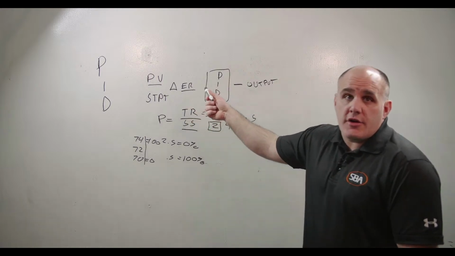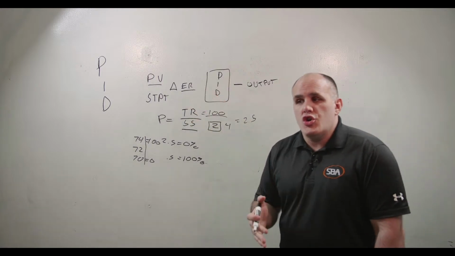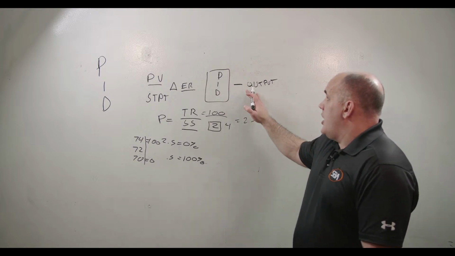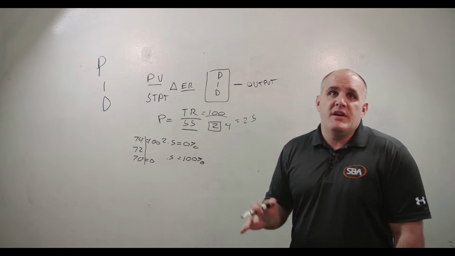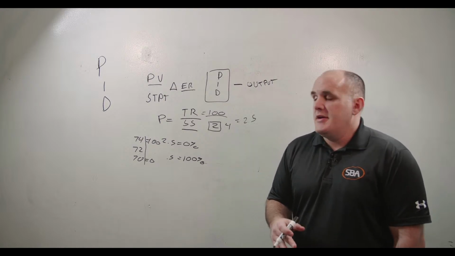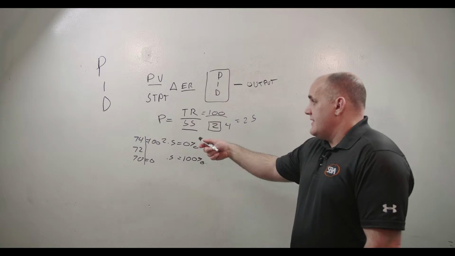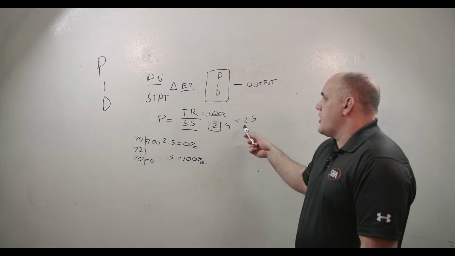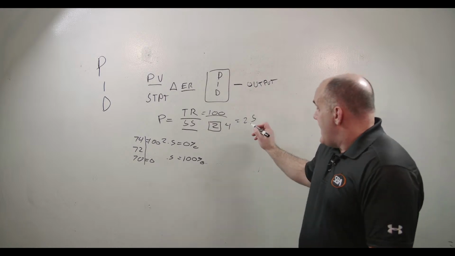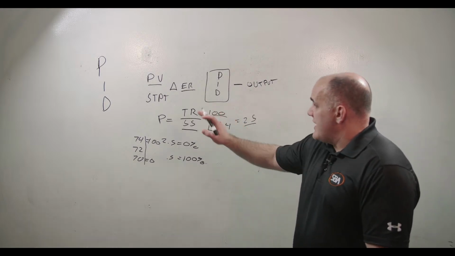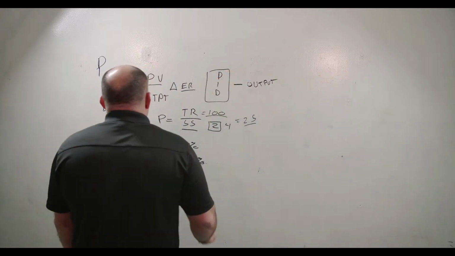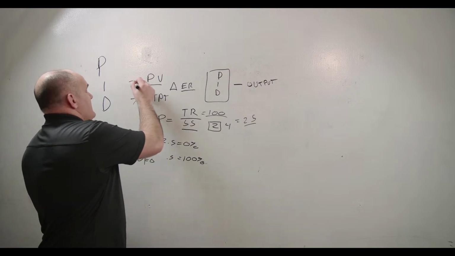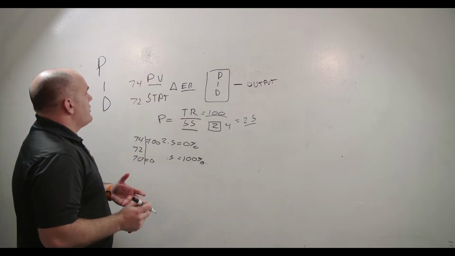This is where error comes into account. In theory, if you're doing things right, you should be able to get to 100% output on a PID loop just with proportional response. So let's say that we have a proportional band of 25, and we are at a set point of 72, and we have a process variable of 74, okay?